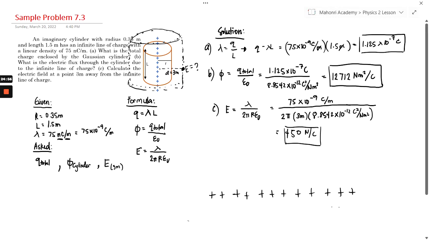If you have these various charges and you want to find the electric field at a certain point at this distance right here, then what you have to do is create a Gaussian surface, a fake or imaginary surface that will enclose all your charges. This basically extends throughout, and using this equation, it will tell you how much electric field is available at a certain distance from that line of charges. That's basically where we use this Gaussian surface or this cylindrical symmetry.